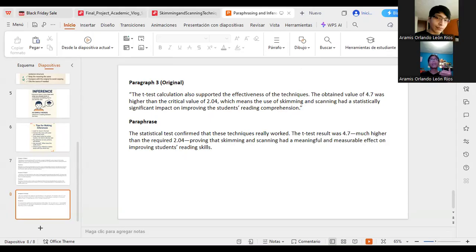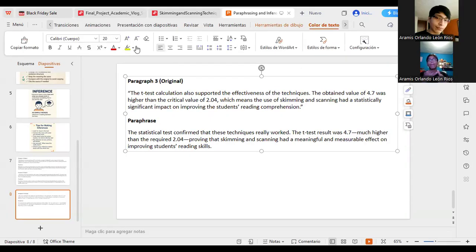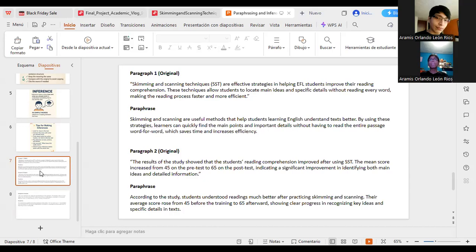So in the first one, we can infer that these techniques are especially useful for students who struggle with long or complex text because they allow them to understand ideas quickly without needing to read every line.